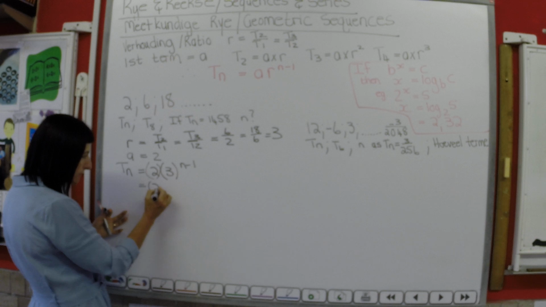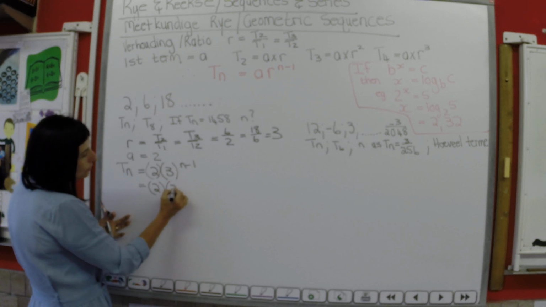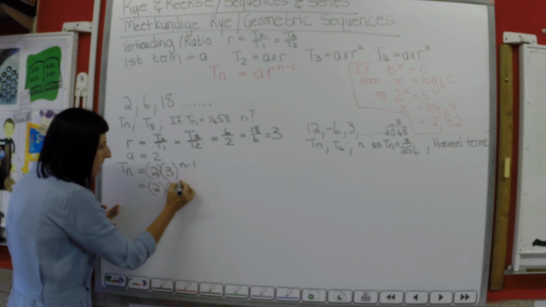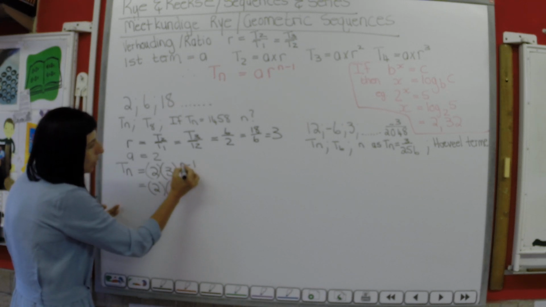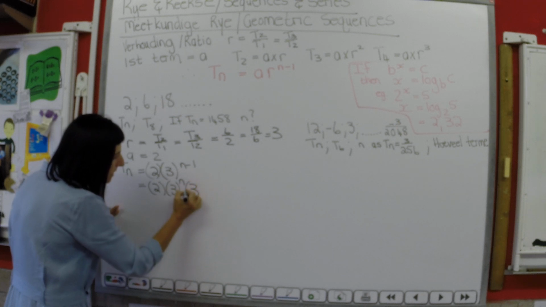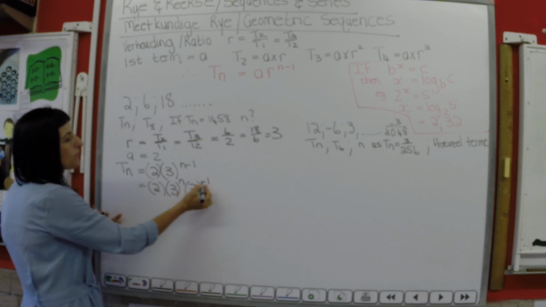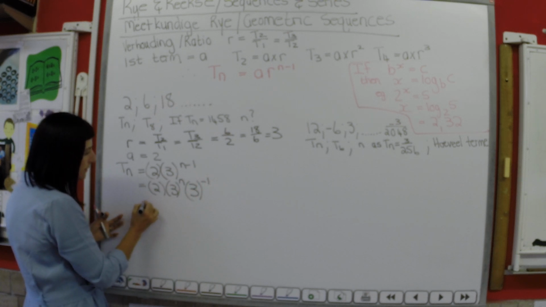Kyk wat doen juffrou. Ek gaan doen eksponentwet nommer 1 in 3 rad. So ek sit die 3 onder die n en ek sit die 3 onder die minus 1. 3 to the power of minus 1 is a third.